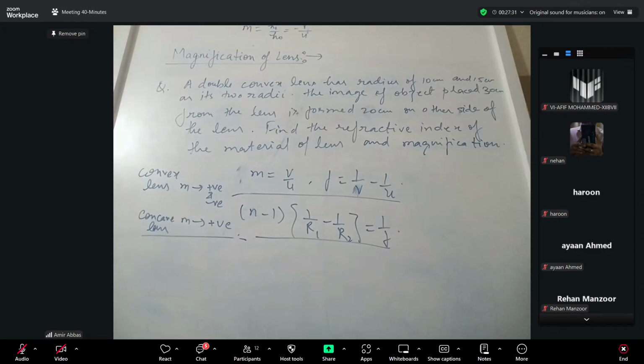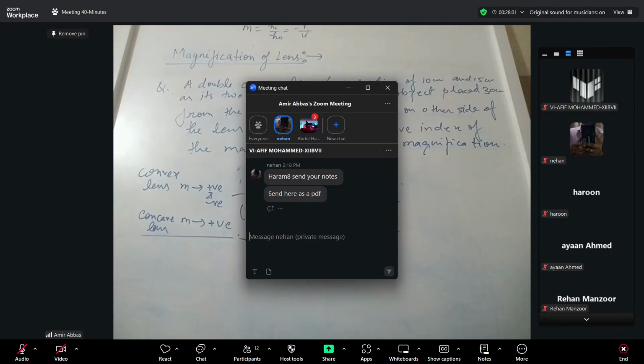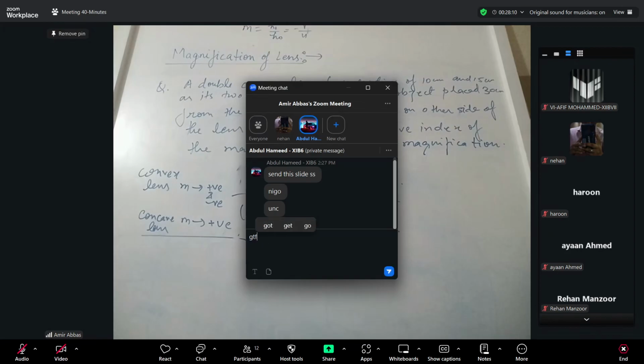Have you got this? Sir, one doubt. Object distance is minus 30, right? And image distance is plus 20. Yeah, I'm good. Let me check it. And where the minus is coming, all become positive. Have you got this, beta?